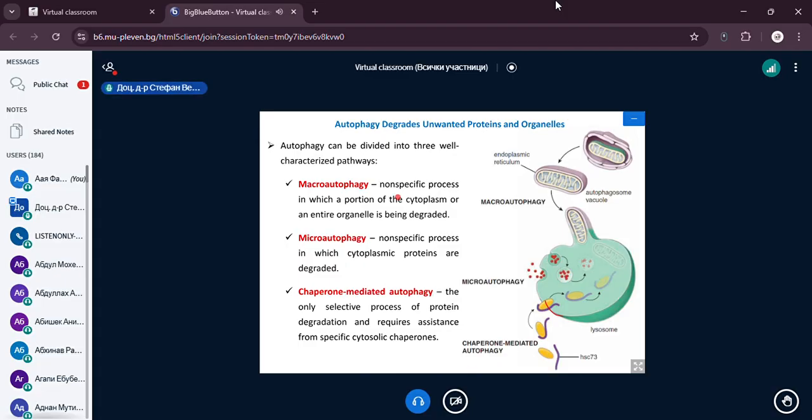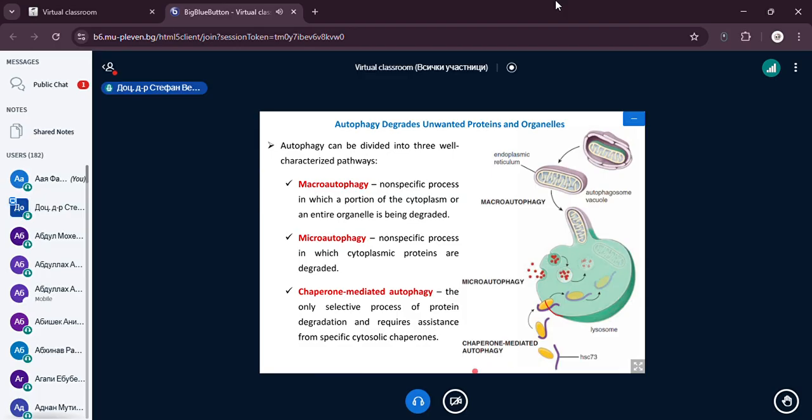Non-specific means that you don't need intermediates which will help this process. You don't need receptors and surface proteins to interact with each other to guide the process. Here you need a specific protein which specifically recognizes what should be degraded in the lysosomes.